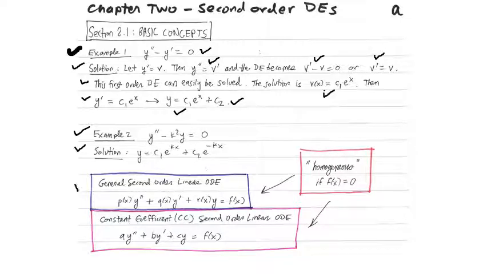Almost all of the differential equations that we'll be looking at in this chapter have this general form of a general second order linear ordinary differential equation. Our differential equation is linear, just like in the last chapter, meaning that the differential equation is linear as a function of y and all of its derivatives, which this certainly is.